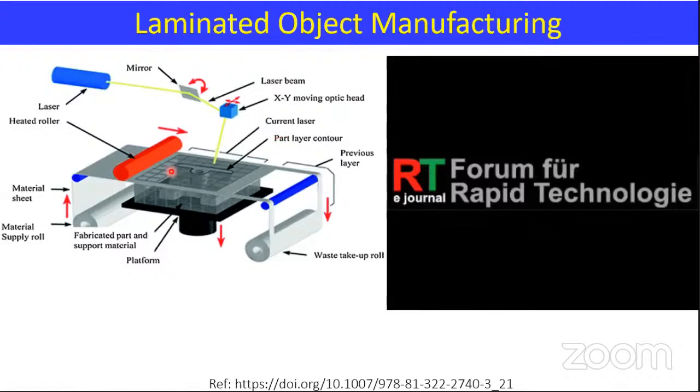Subsequently, for each and every layer, you supply the required sheet metal through a roller arrangement, and the process happens depending on the CAD model of the profile, which has been sliced and sent in the form of a 2D drawing, right?